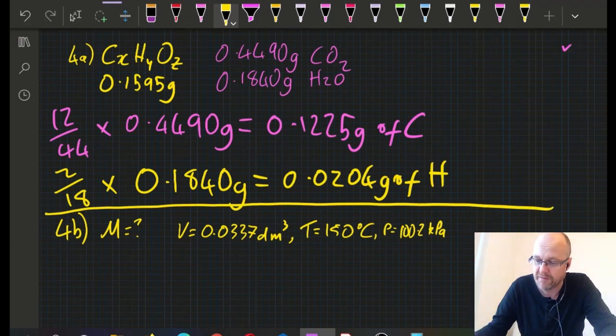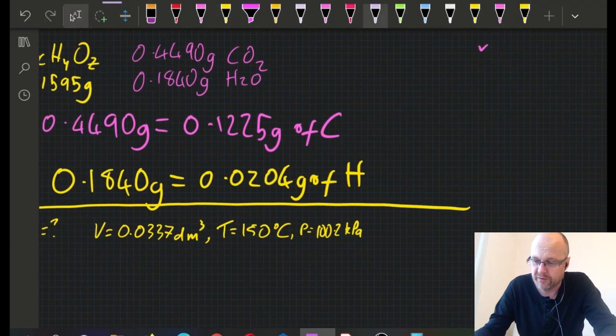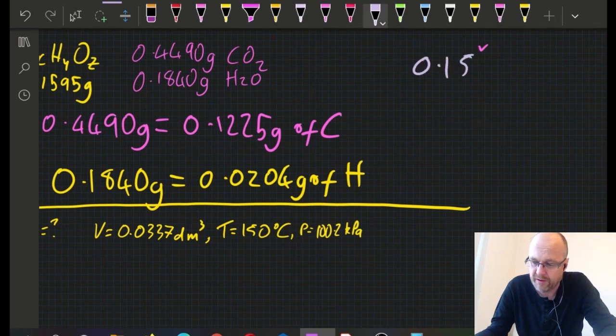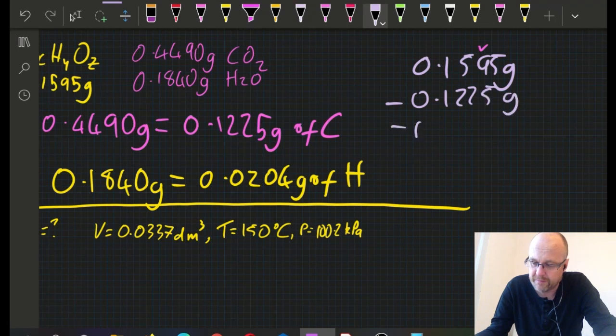So any remaining mass must be due to the oxygen. I've accounted for the carbon and the hydrogen. So what's the mass of oxygen? It's going to be 0.1595 grams for the menthol, minus the mass of the carbon, minus the mass of the hydrogen.